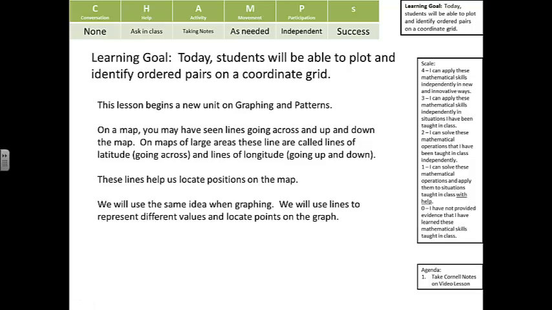We are going to use the same idea using a coordinate grid in order to identify certain values on a graph. And so we're going to talk about that next, how we do that.